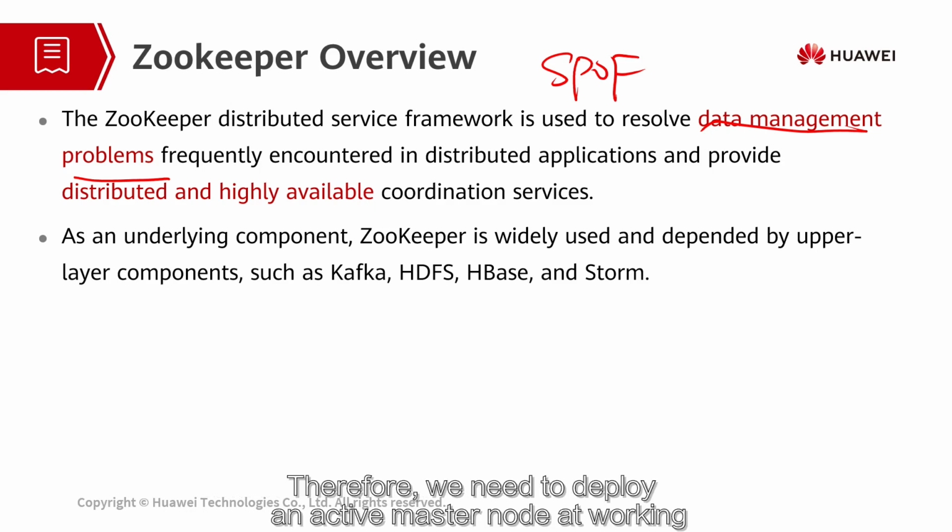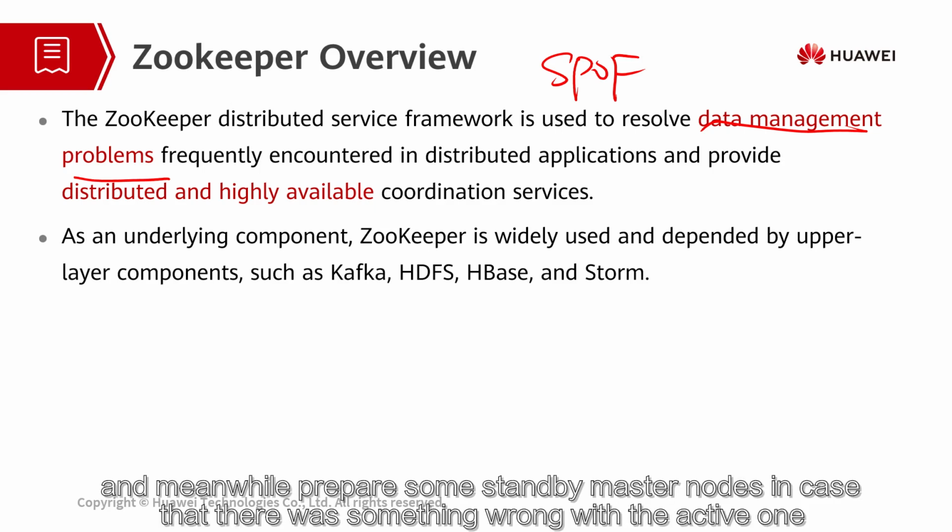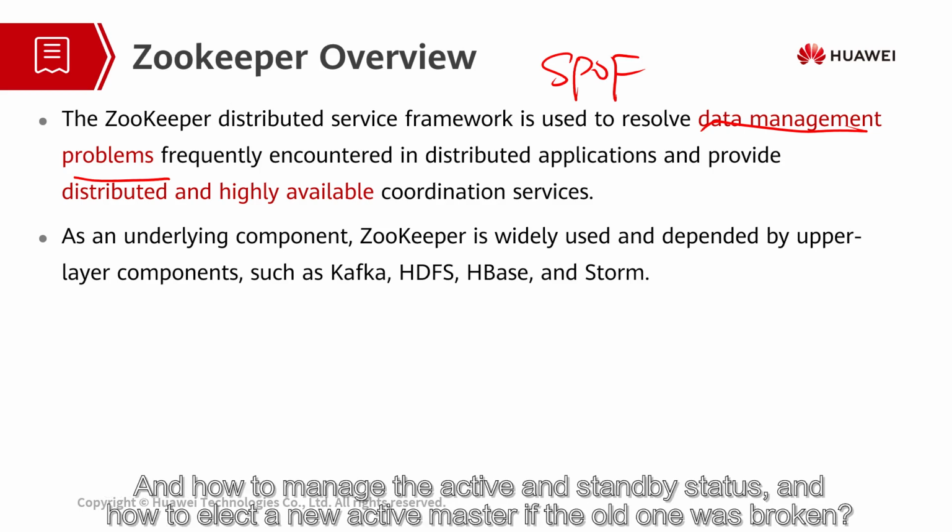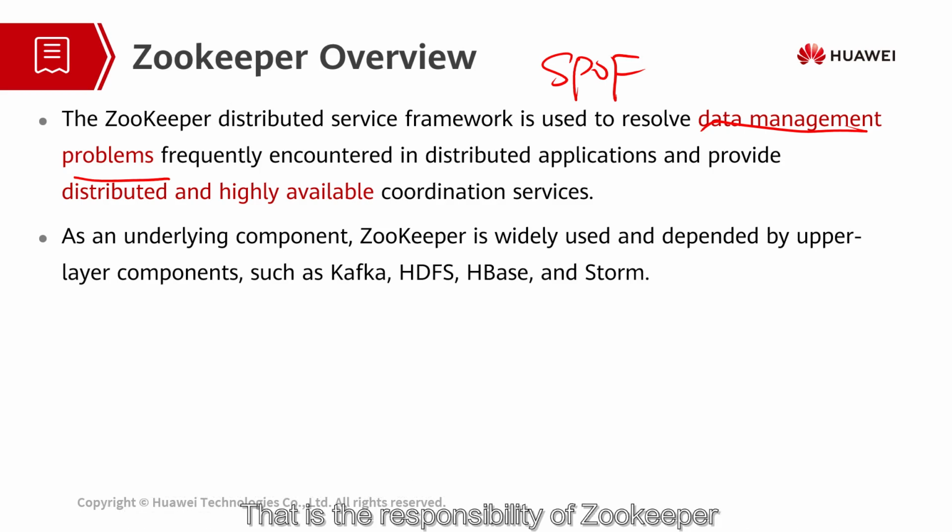Therefore, we need to deploy an active master node at work and meanwhile prepare some standby master nodes in case there is something wrong with the active one. And how to manage the active and standby status, and how to elect a new active master if the old one is broken, that is the responsibility of ZooKeeper.